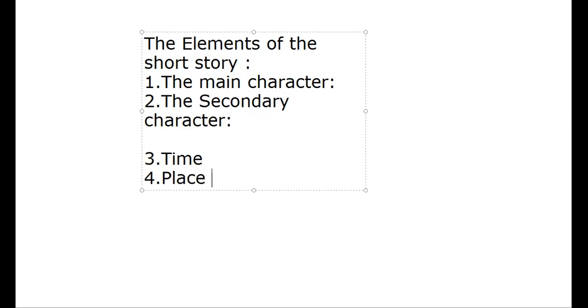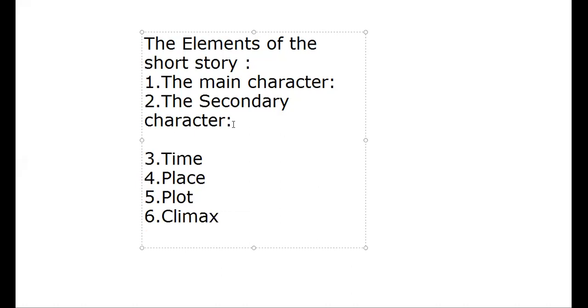Number 5, we have plot, the beginning of the problem. Number 6, we have climax, the peak of the problem. Number 7, we have solution, the solution of the problem.